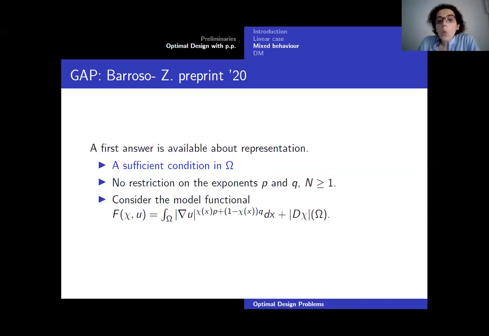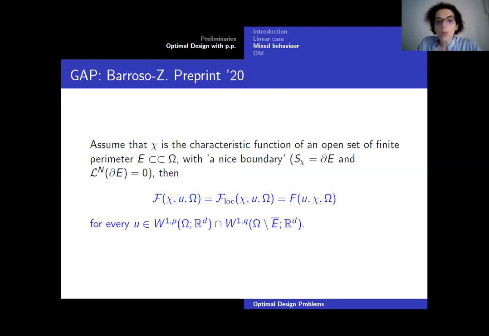And so we tried to find, and this is a very recent result that we have obtained, under a stronger condition, essentially focusing on precise domains E, so precise characteristic functions chi of x. We can fix the idea by considering this model functional here, and we want to relax this functional in the usual way.